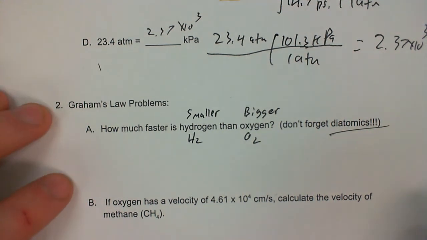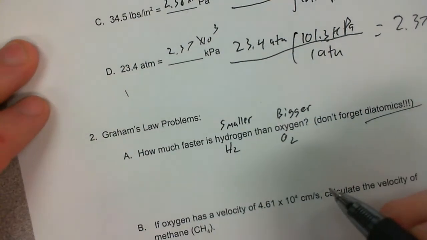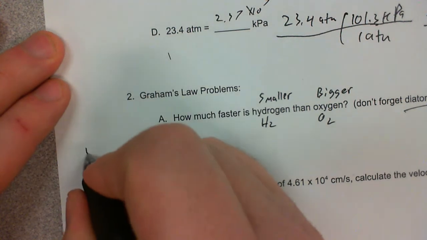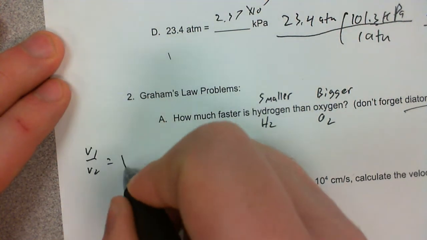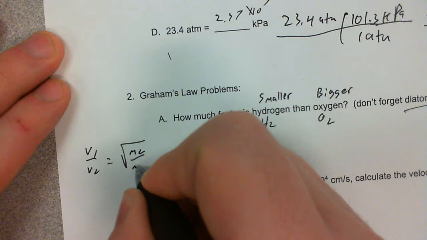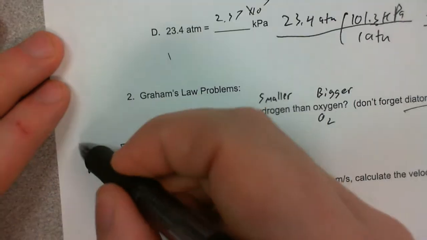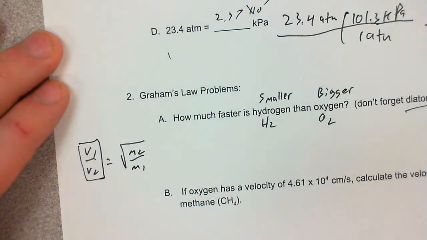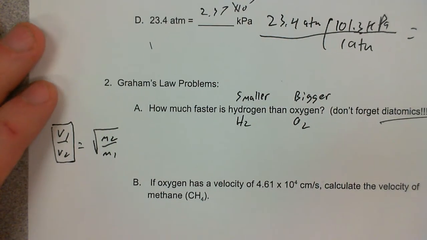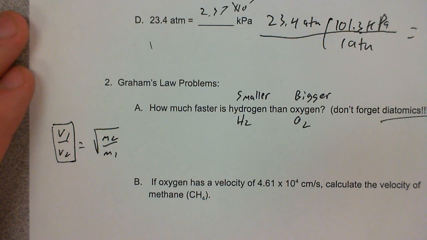So I want to know how much faster it is. What I'm actually solving for in the Graham's Law equation, V1 over V2 equals the square root of M2 over M1, is that ratio. I am trying to figure out how much faster it is, which means my number had better be bigger than 1.